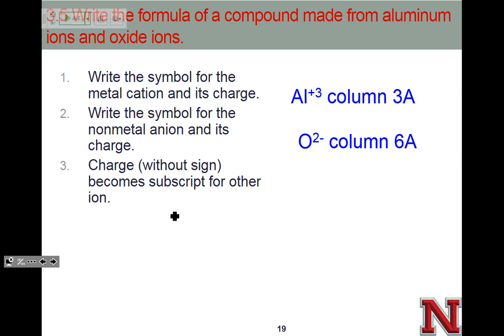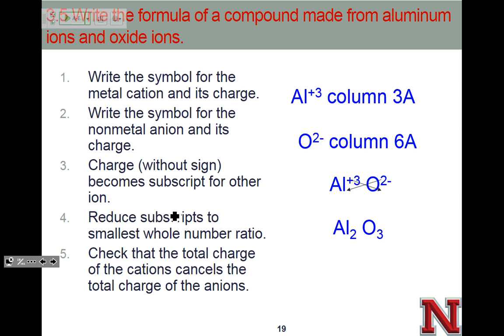What we can do, without the sign, because this just tells us our amount, is what's called the cross method, where we take the charge of aluminum and cross it down to be the amount of oxygens we have, and we take the charge of oxygen and cross that down to get Al2O3. This is just a simple method. You can always check this because if you add your charges, you should get a total charge of 0. So you can double check.